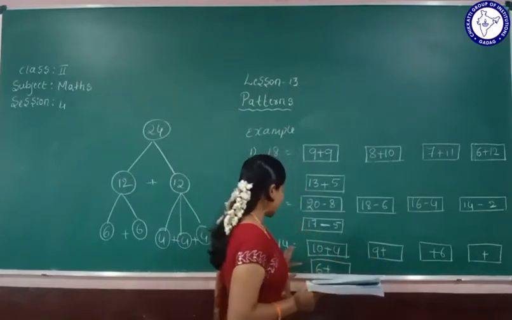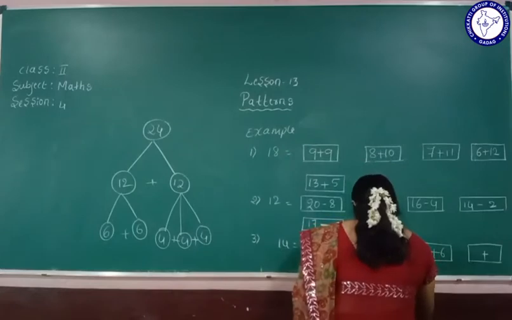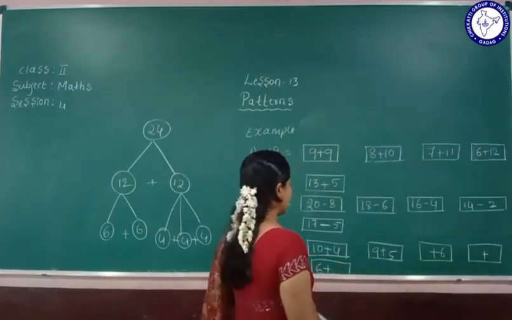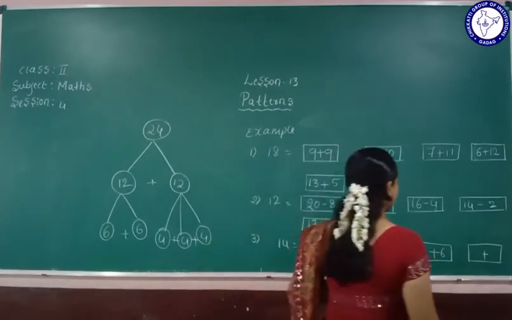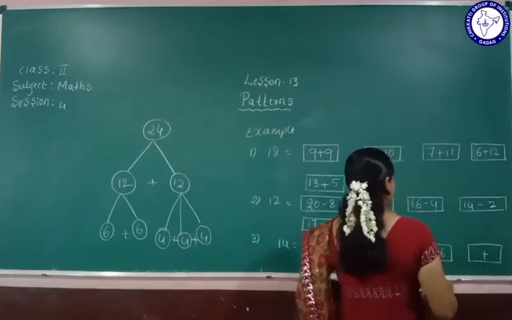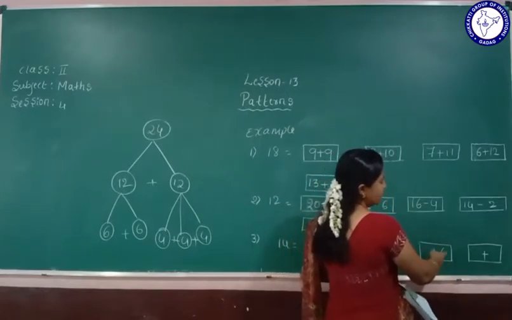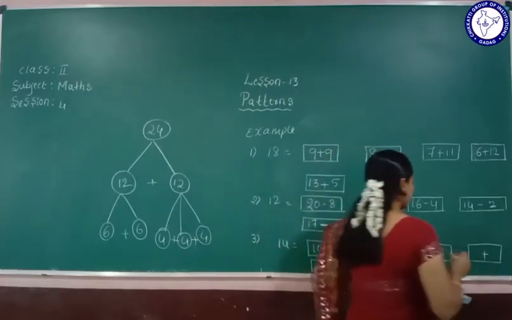How can we get the answer? How much? 14. So that is 9 plus 5. 9 plus 5 is how much? 14. Yes. So next one, they have given here. Here we will write the answer. So 6 they have given here. So to 6 how much do we add to get the answer 14?